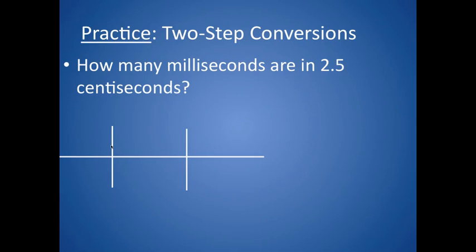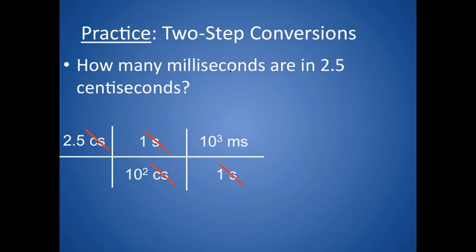Here we go. Start with the number in the problem, 2.5 centiseconds. Convert to seconds using this. Then convert from seconds to milliseconds. Dealing with the numbers, all the units are gone except for the one we want, because it says how many milliseconds.